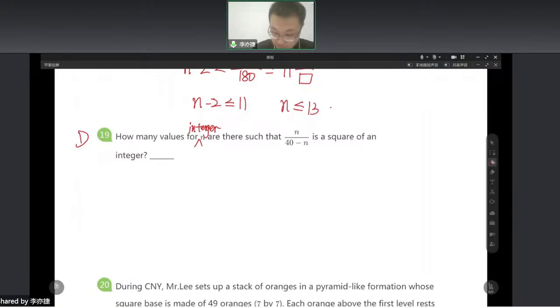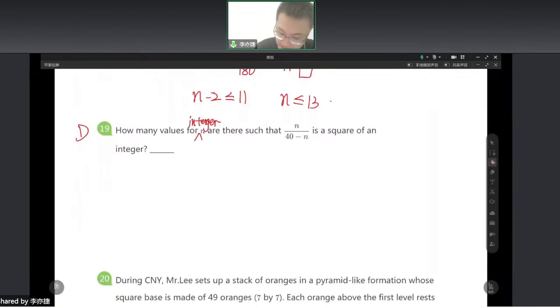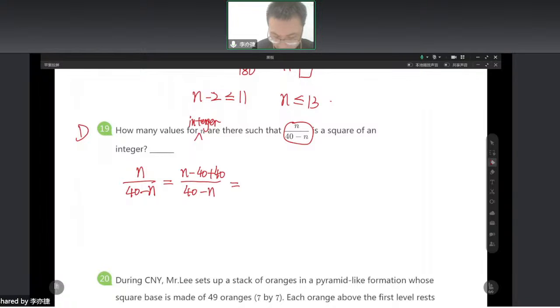Okay. So now it says this one is a square of a number. So how to transform this into something like that? It's n over 40 minus n, right? We make it this way: n minus 40, then plus 40. So now because n minus 40 or 40 minus n is minus 1, it's 40 over 40 minus n, then minus 1.